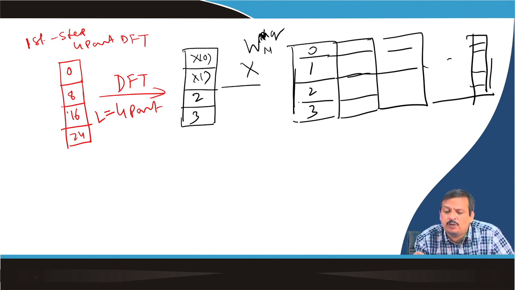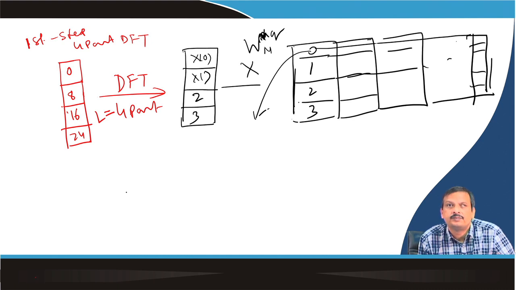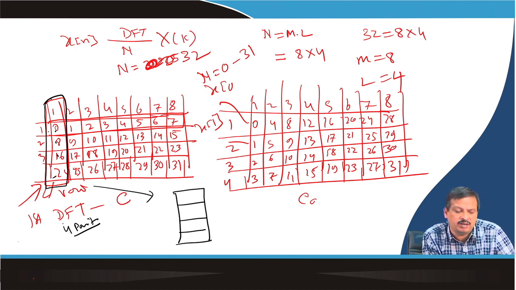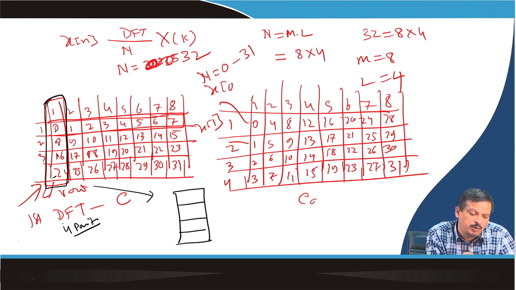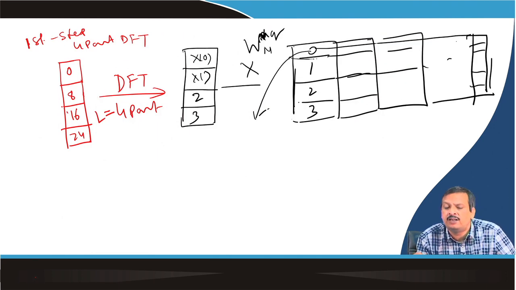Now I am computing the DFT row wise. So here data is stored row wise. First compute the DFT column wise, then I am computing the DFT row wise.